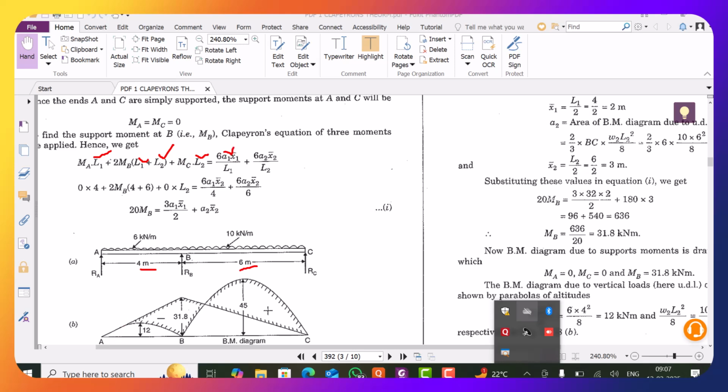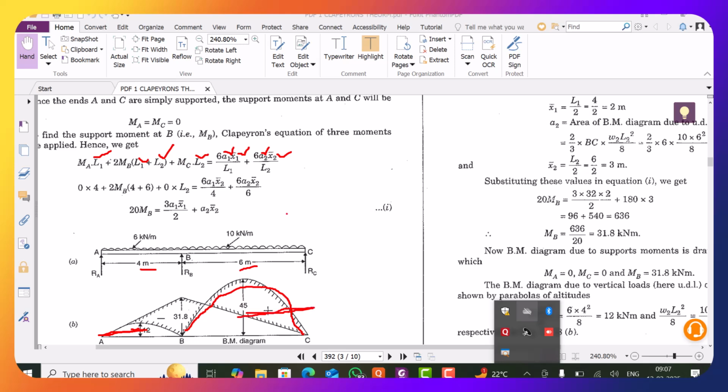A1 is the area of this bending moment diagram for span 1, which you have calculated as 2/3 base into height. Then A2 is the area under this bending moment diagram, which is again 2/3 base into height. X1 is the distance of the centroid from A. X2 is the distance of the centroid of this bending moment diagram from C.